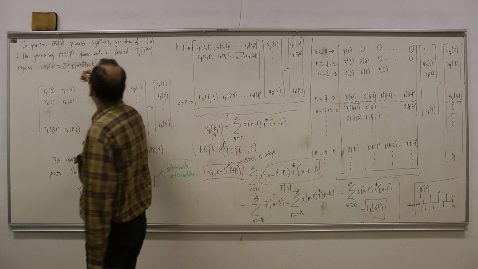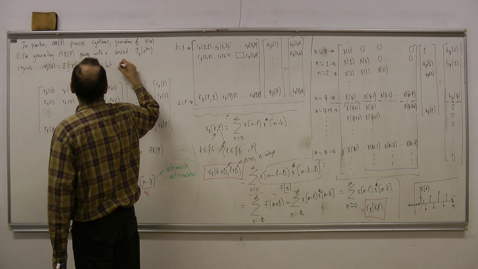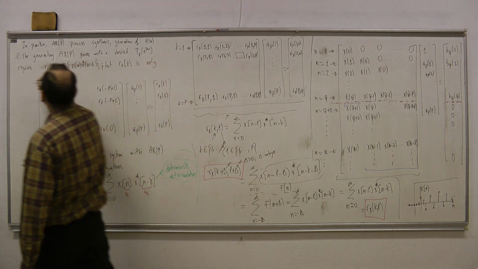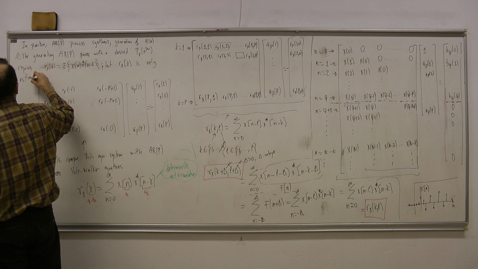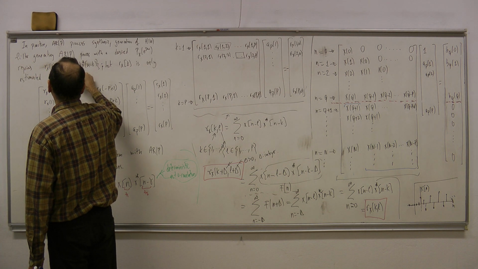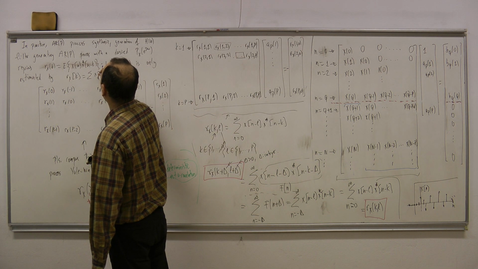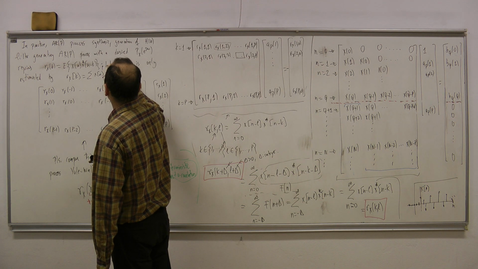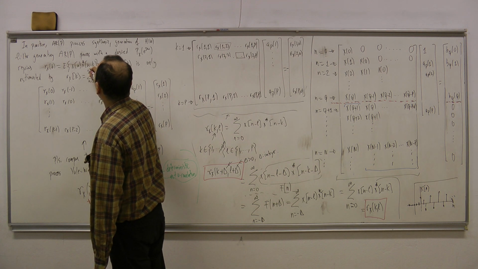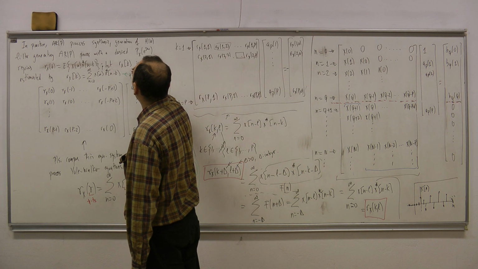Now, this is needed, but Rx of k is only estimated by this, conjugate. So this is the deterministic autocorrelation.